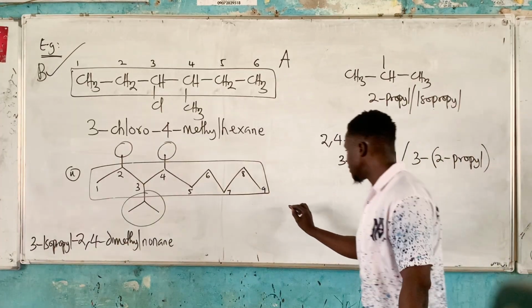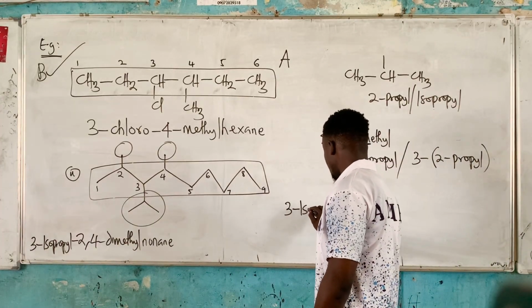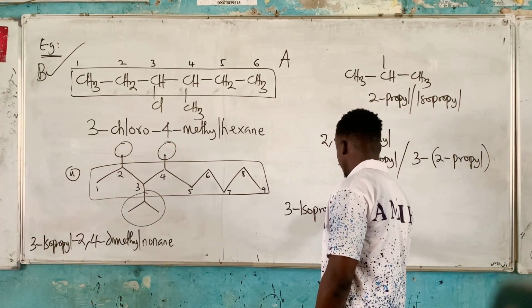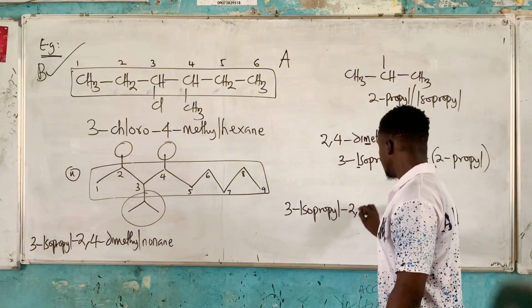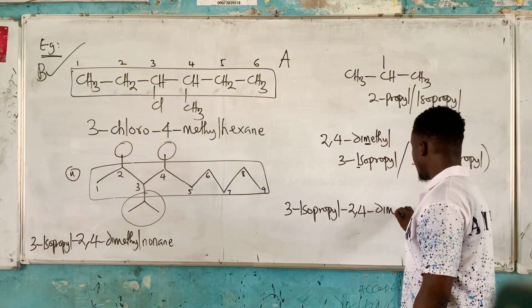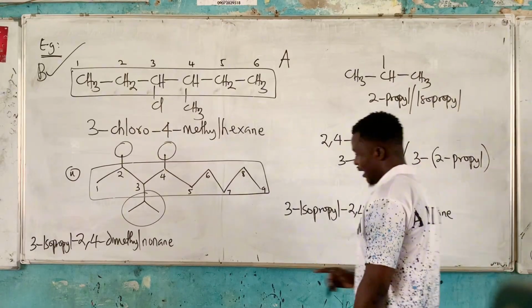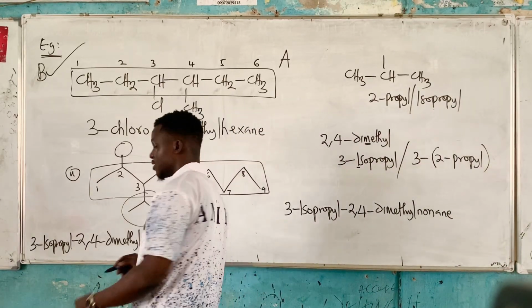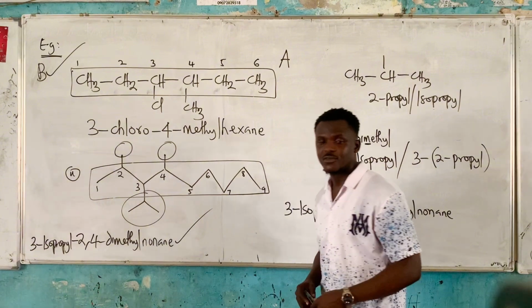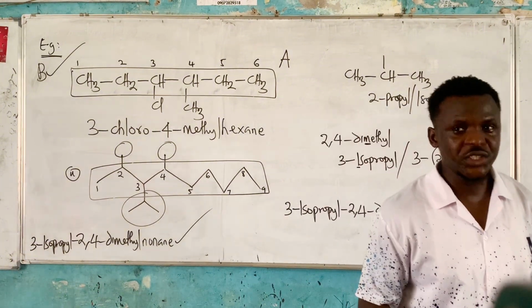I. So this becomes 3-isopropyl-2,4-dimethylnonane, and she was correct. That's the correct answer for that. Any question?